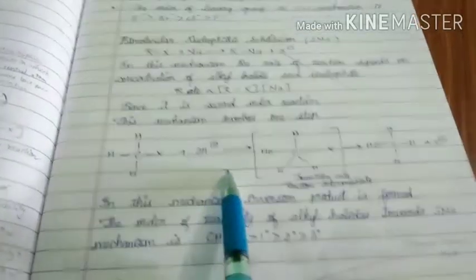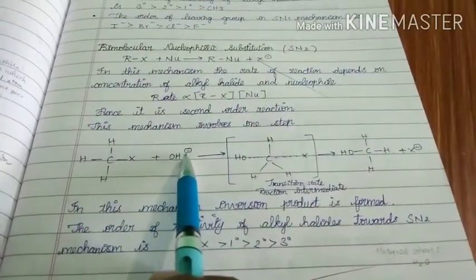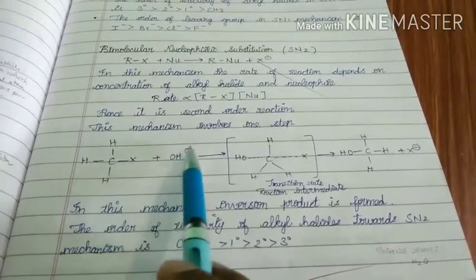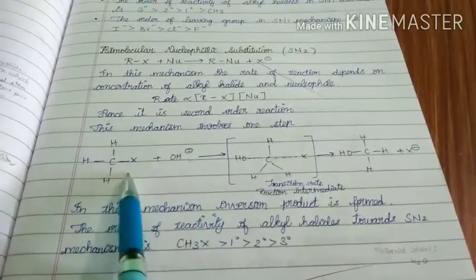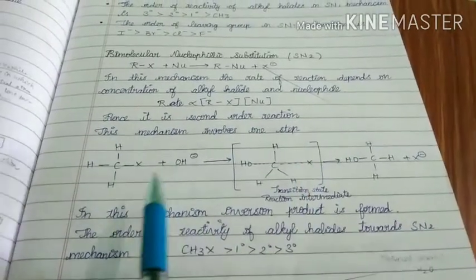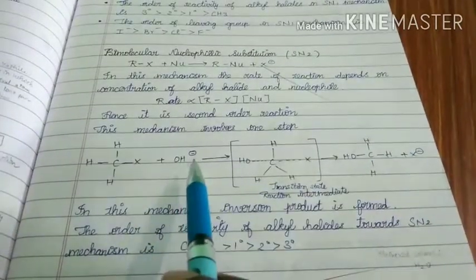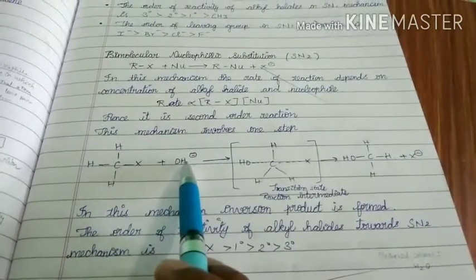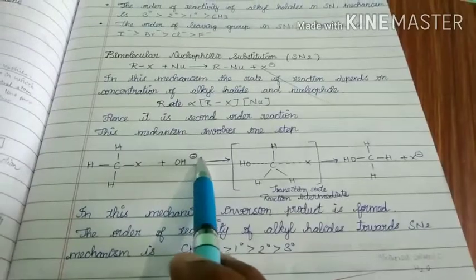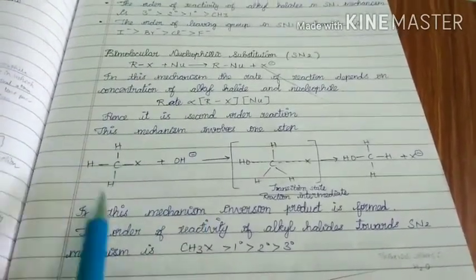If you see this example, then you will get a clear idea. Here, this is the halogen atom, and this is the hydroxide ion. Both are nucleophiles. That means both have negative charges. Between negative charges, repulsion occurs, so there is no chance of attacking from the front side. So the attack is only from the back side of the alkyl halide.